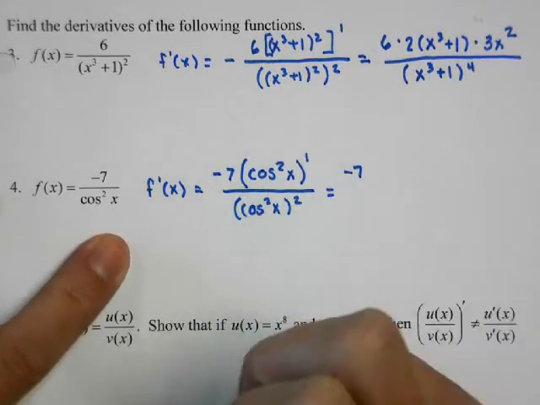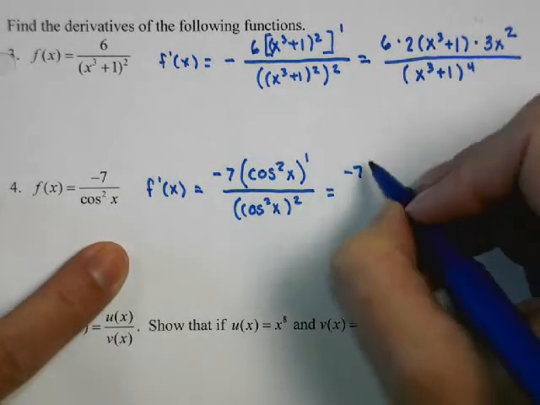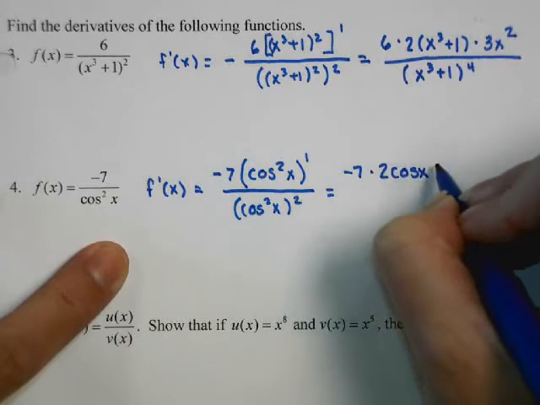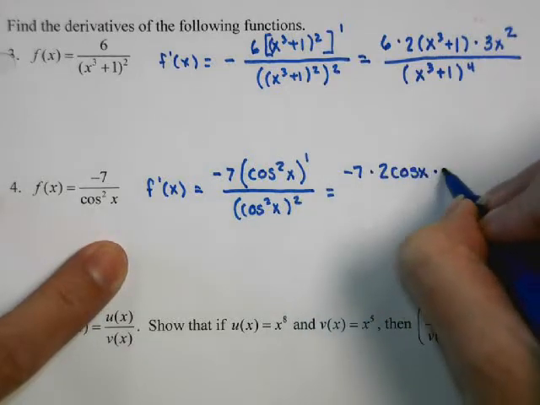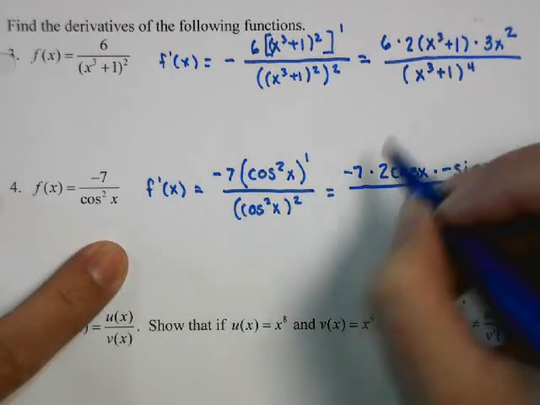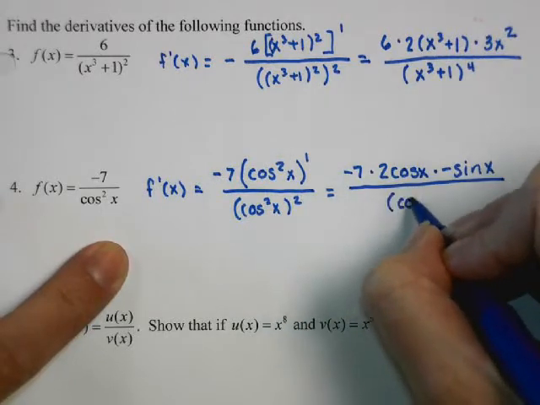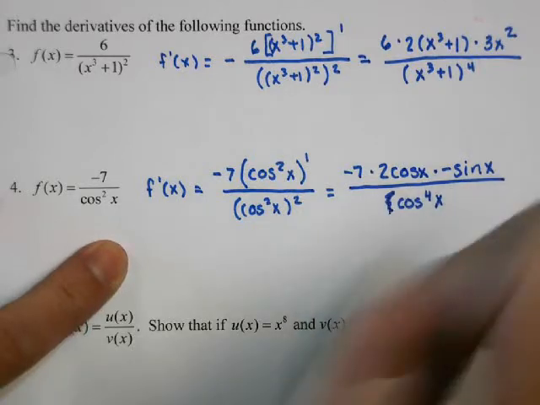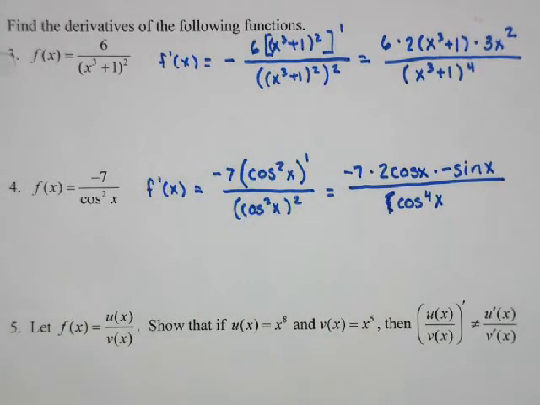Cosine squared x is equal to cosine of x squared. So my outside function is the squared. Then I'm going to take the derivative of the inside over cosine to the 4th x. I don't really need that parentheses. And again, you can simplify more if you want to.